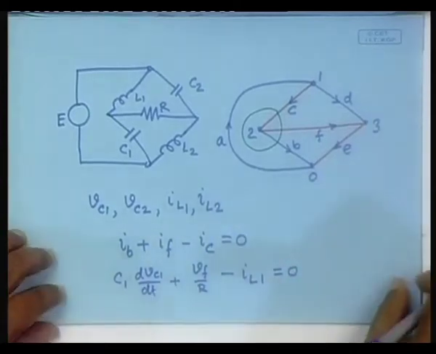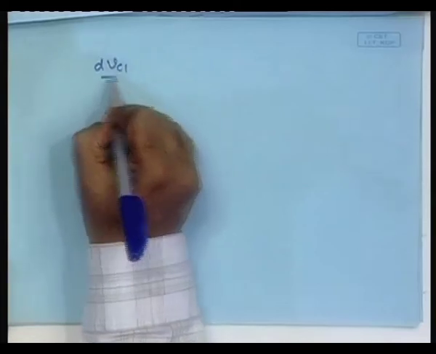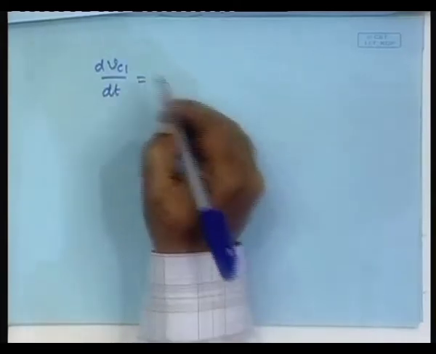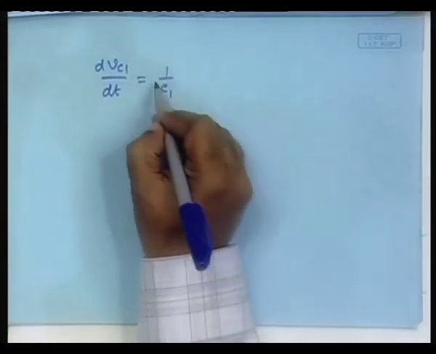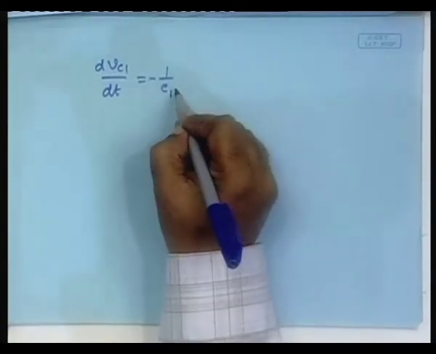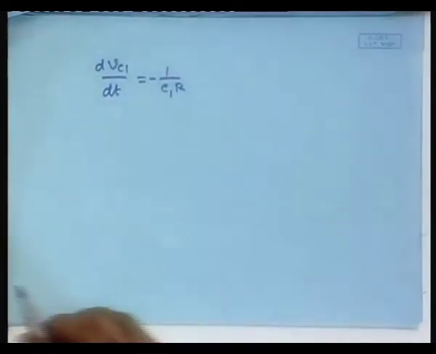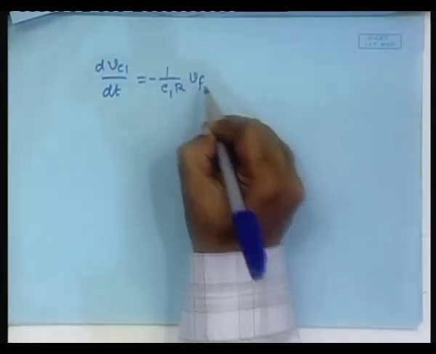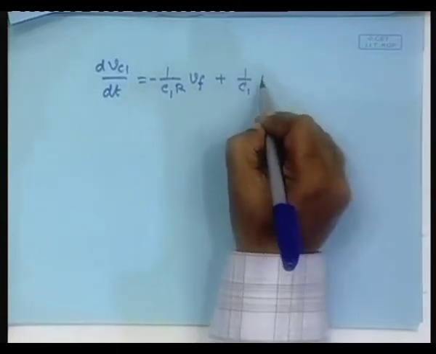Good. So, we can take this one to the left hand side and write dVC1/dt is equal to 1 by C1 times minus VF by R, plus 1 by C1 IL1. We will find what VF is, but let me write it now.